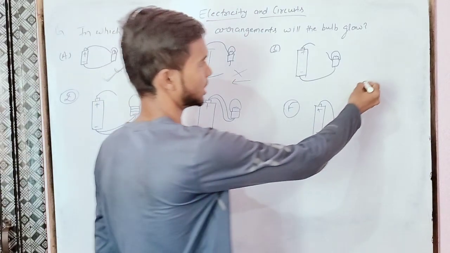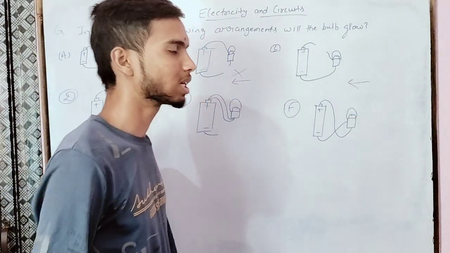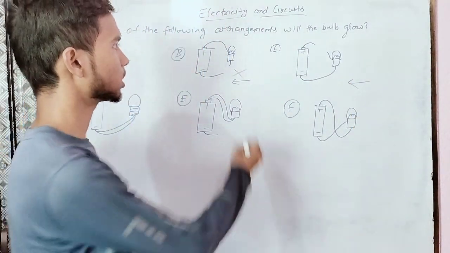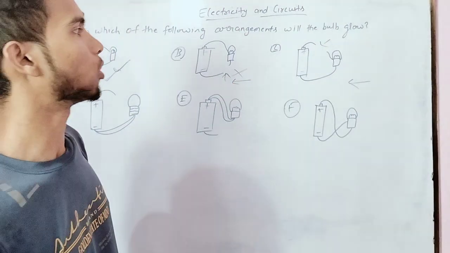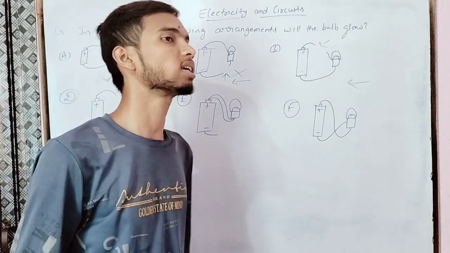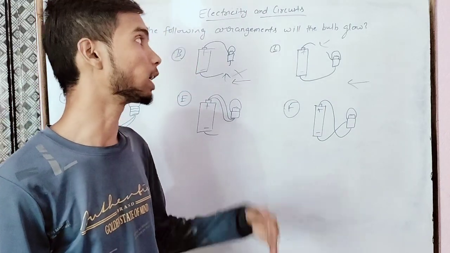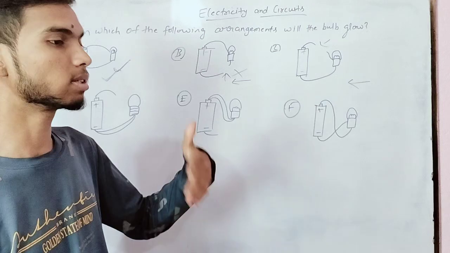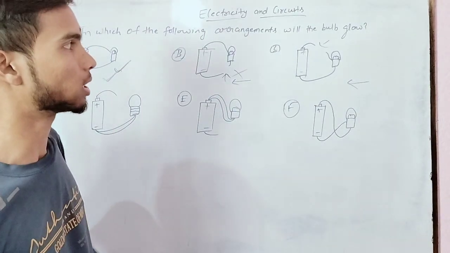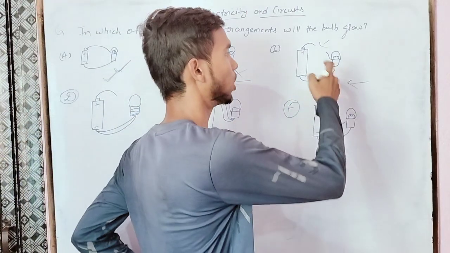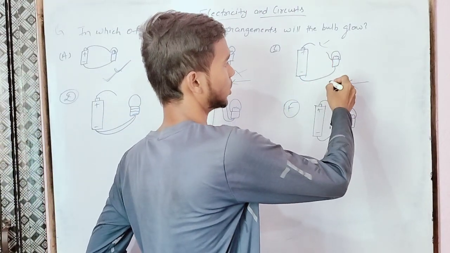That's all. Now in this figure, again you can see this is broken, this is broken. So of course the wires are broken, that's why we are naming this figure as an open circuit. That's why the bulb in this figure will not glow.